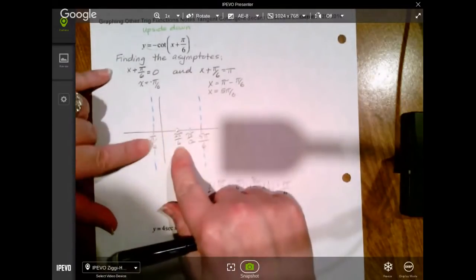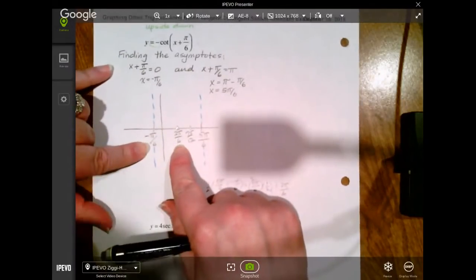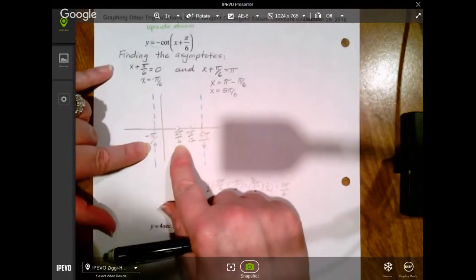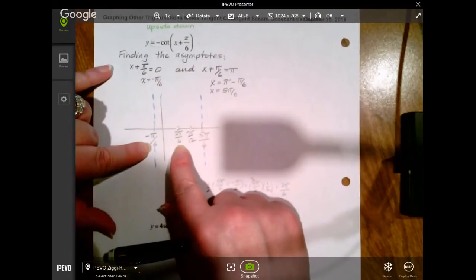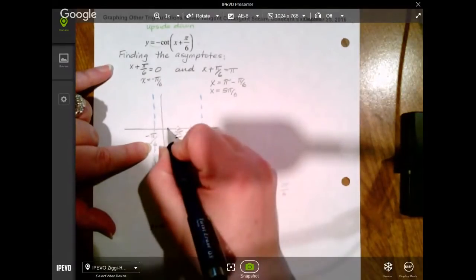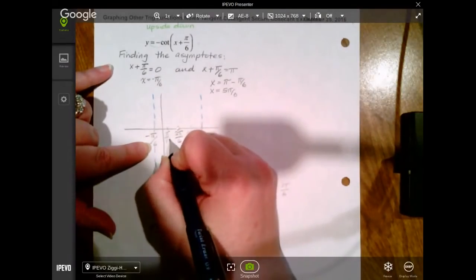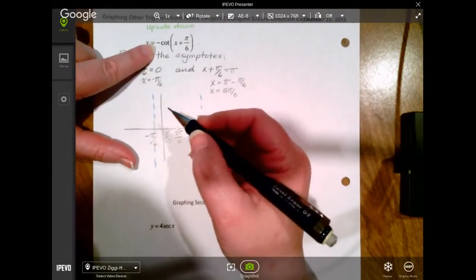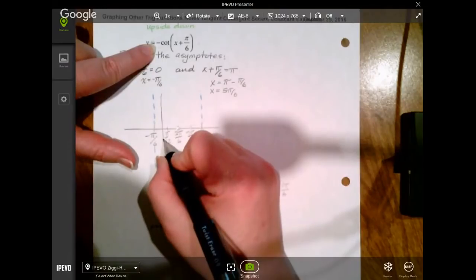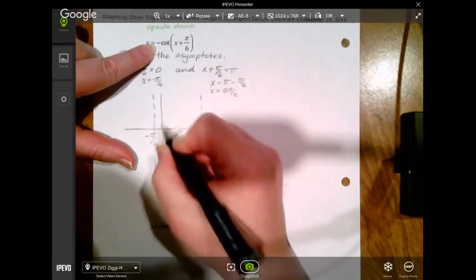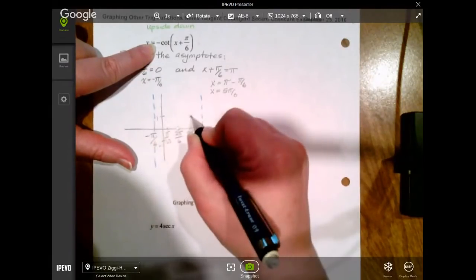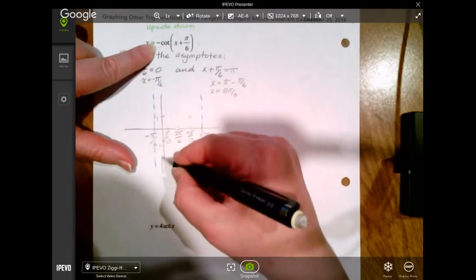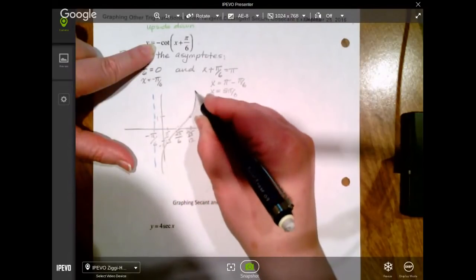And then we're going to average these two points, 2 pi over 6 plus negative pi over 6, which gives us pi over 6 times 1/2, which would be pi over 12. So it's going to be right here, pi over 12. And this is a negative cotangent graph, so it's not decreasing now, it's increasing, which means this is upside down. So we're going to put it at negative 1 here and 1 at the other point. Then we're going to connect the dots, and it kind of looks like a tangent graph, doesn't it?